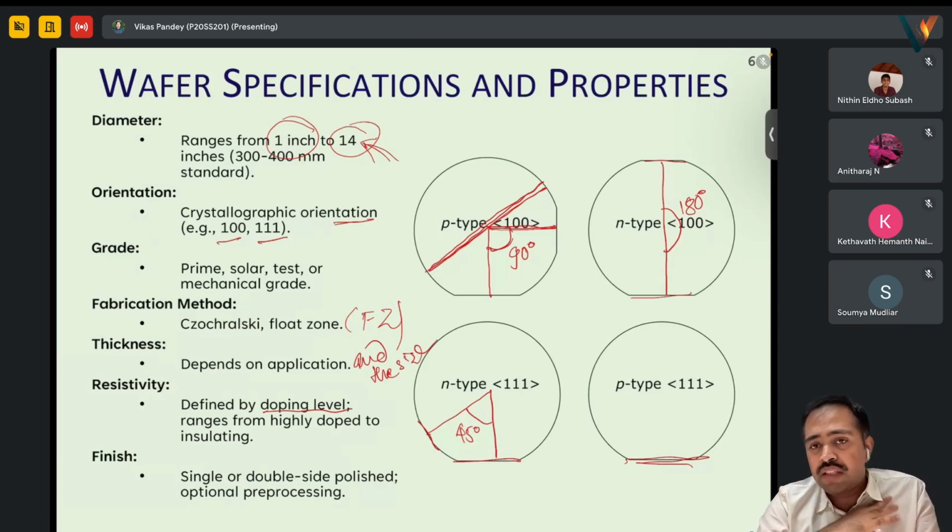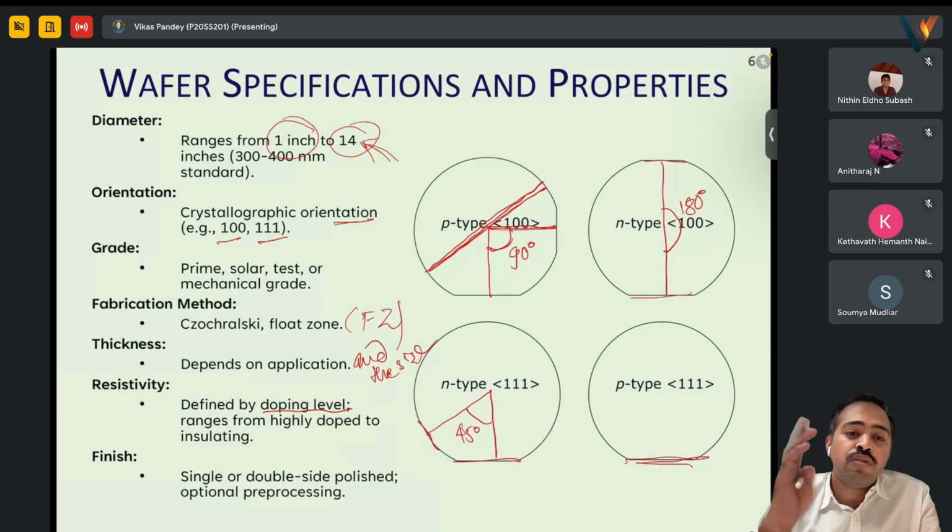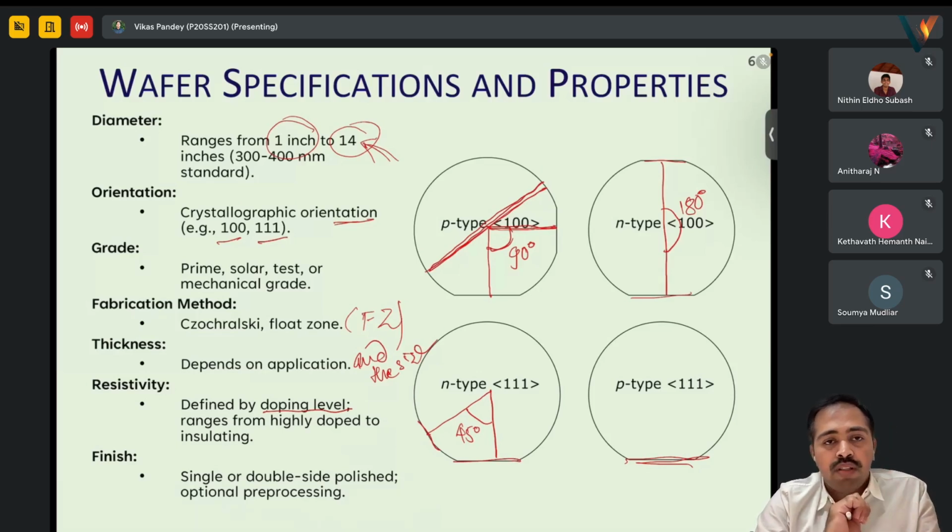You will rarely find intrinsic silicon, as it has some small doping. According to your use, you can take a single side polished or double side polished. Anything till here? Any questions?